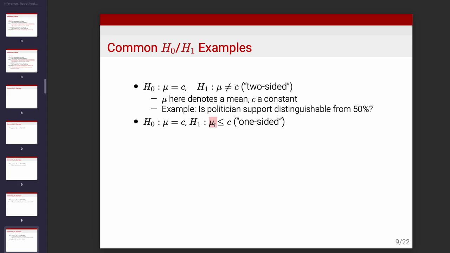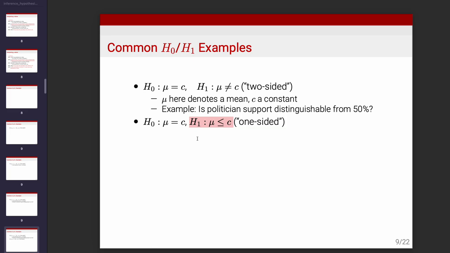It's called a one-sided test because now we're looking to one side of the parameter of interest. We're only considering the possibility in our alternative hypothesis that mu is less than some constant C. That is the alternative state of affairs that I'm going to use when I'm comparing the null hypothesis versus the alternative hypothesis.